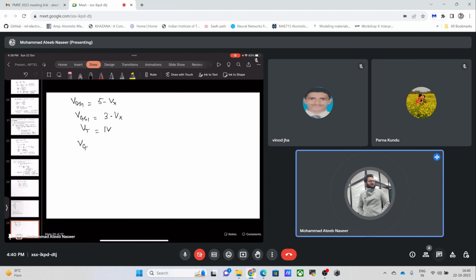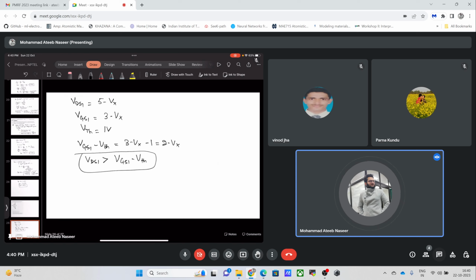So VGS1 minus VTH, rather let's write VTH is 3 minus Vx minus 1, which is 2 minus Vx. Clearly VDS1 is greater than VGS1 minus VTH, because 5 minus Vx will be greater than 2 minus Vx.